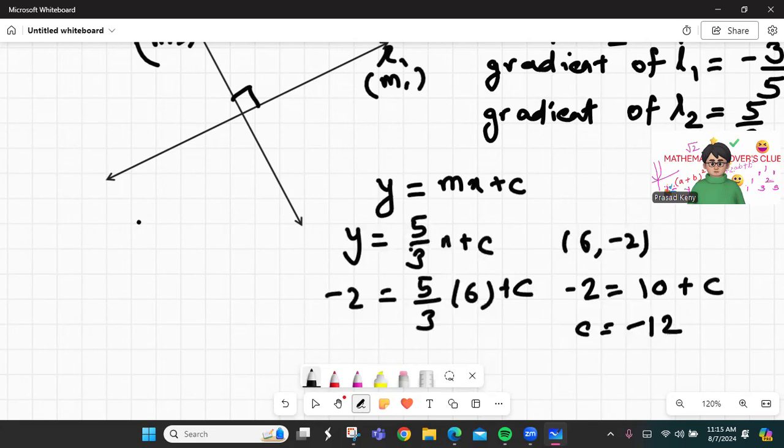And since we need the equation of the line just in the form y is equal to mx plus c, we'll just put this value of c in this equation. I'll call this as 1. So that means the equation of the line L2 will be y is equal to 5/3 x minus 12, which is in the form y is equal to mx plus c.